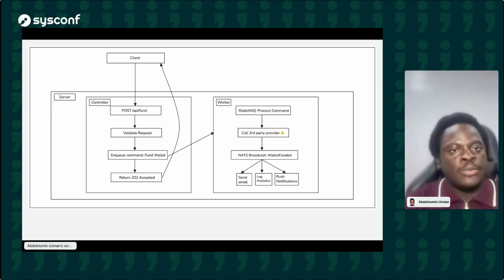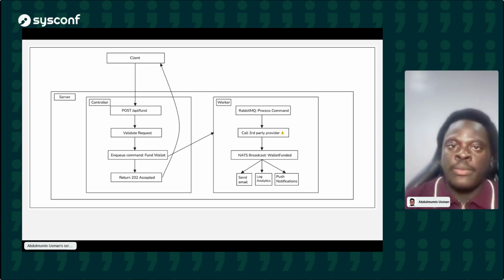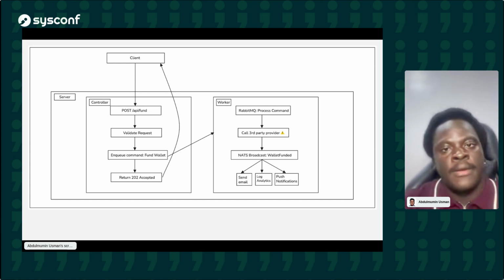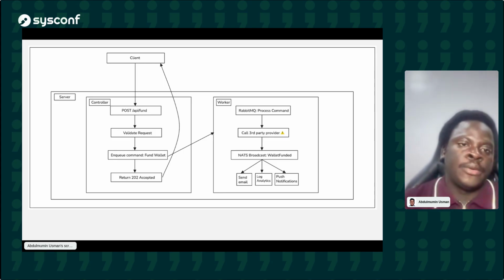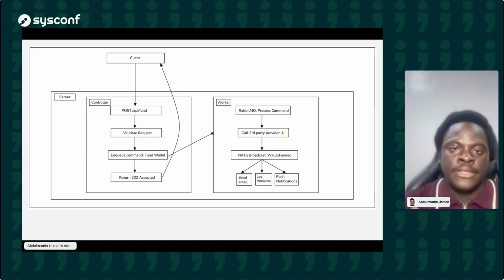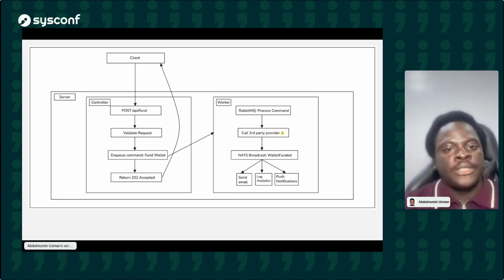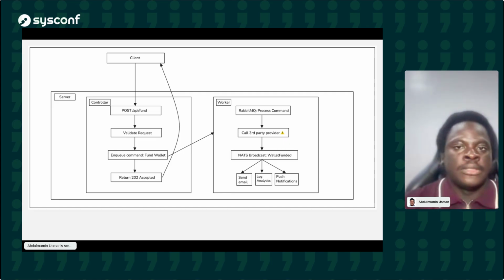So for the simple life cycle we saw, if we use the messages as we have defined them, which is how we currently do them, the server just receives the request, validates the request, then enqueues a command. It returns 202 to the client, which means the request was accepted. But it doesn't mean that the request is done, just accepted.